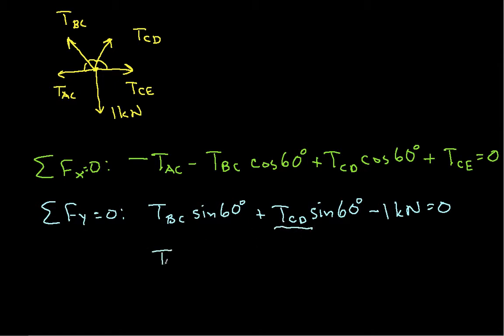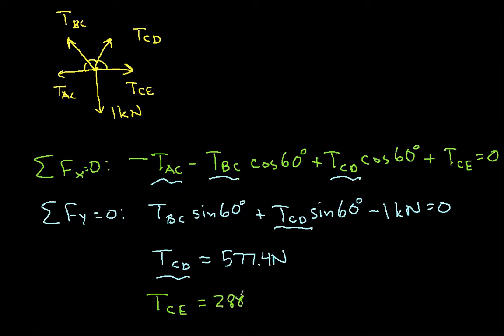We've already computed this. And so we can then solve this equation for TCD. I'm not going to go through any of the details here. We can solve it for TCD being 577.4 newtons. We can then take this expression for TCD, plug it in here. We already know TAC, TBC, and so we can get then that TCE is equal to 288.7 newtons.